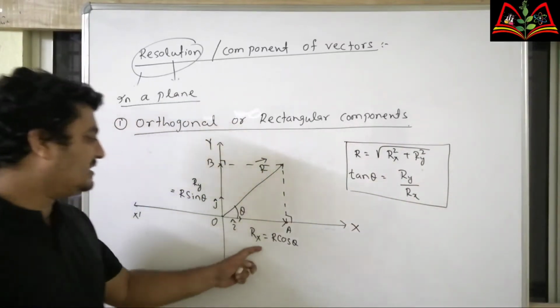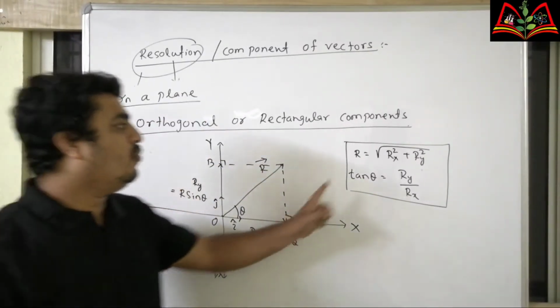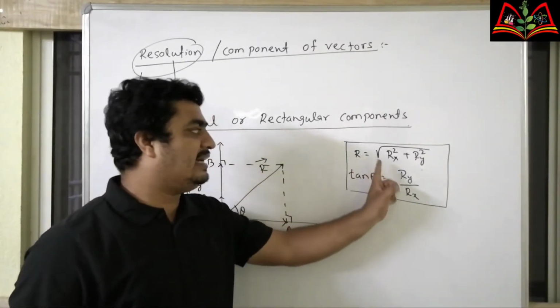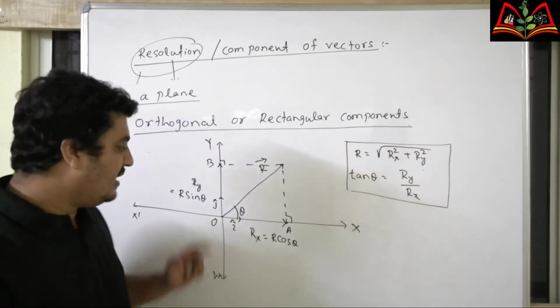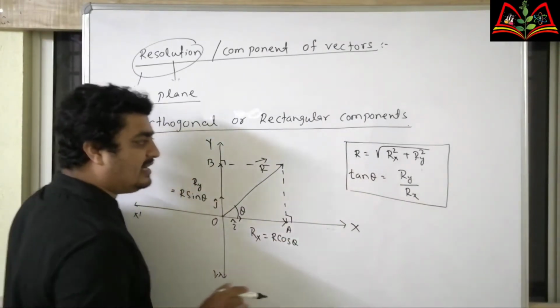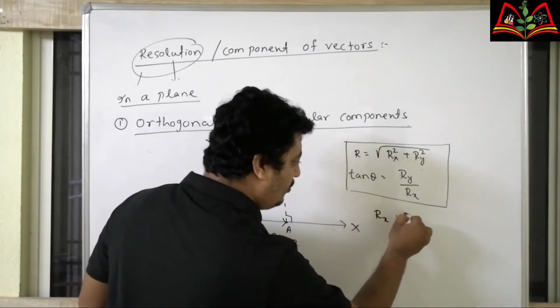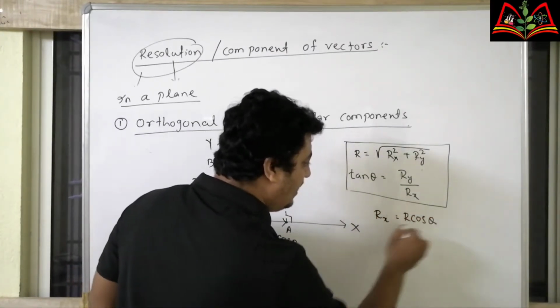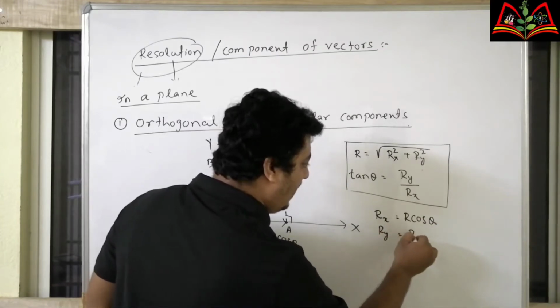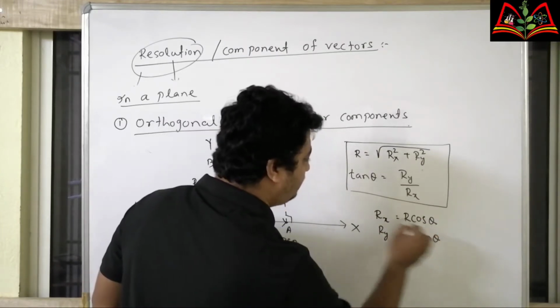So if Rx and Ry are given, we can calculate R and theta using this formula. Now, if R and theta are given, then we can say Rx equal to R cos theta, Ry equal to R sin theta.